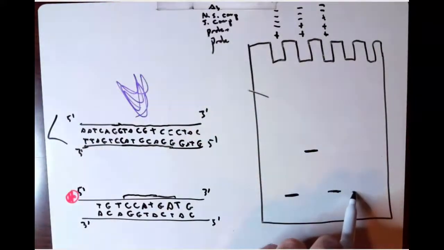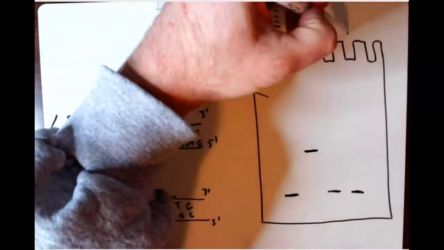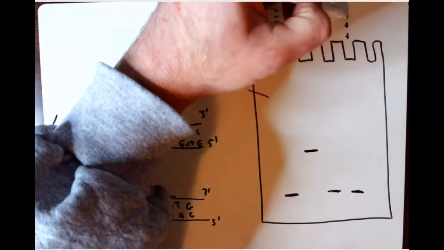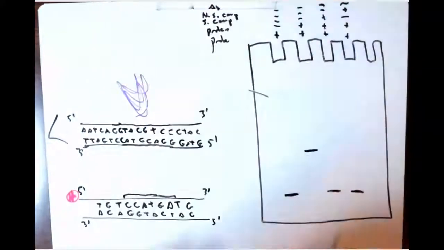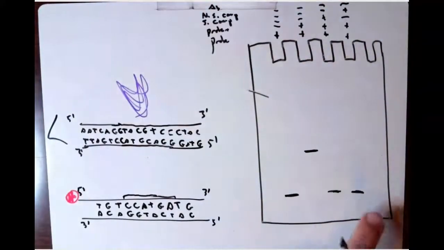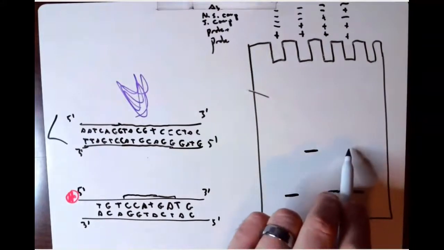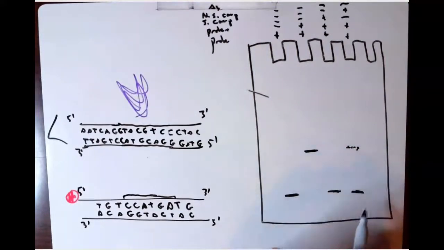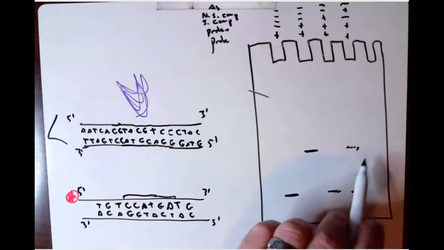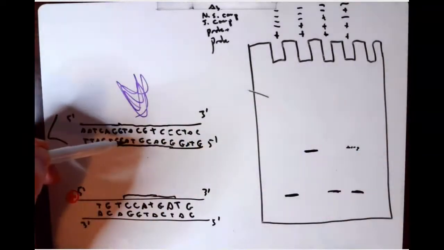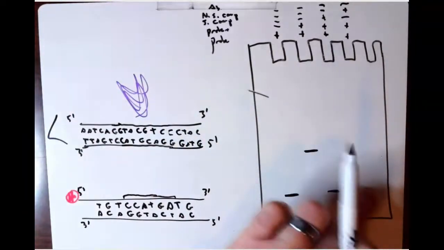We would expect this migration pattern when we add the probe, our protein, and the cold non-specific competitor. This would tell us that all of the shifting is invisible to us, in other words, that all of our protein bound to the cold competitor.